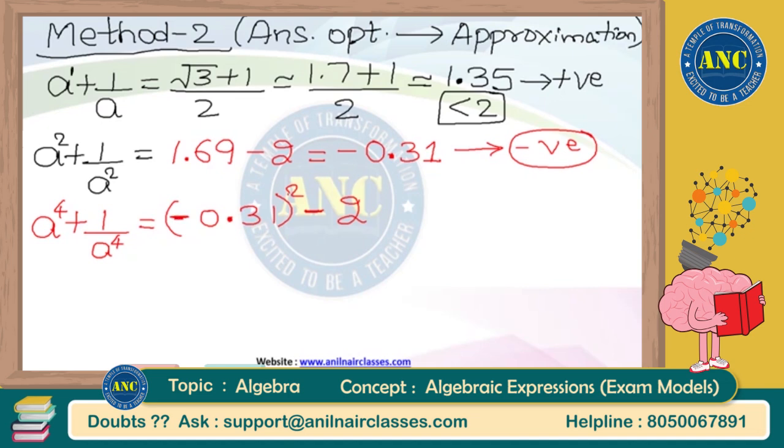Anyway, a negative number, when I square it, I will get positive. 0.3 whole square is 0.09. 0.09 when subtracted from 2, eventually my answer should also be negative. That means a simple conclusion says that a power 4 plus 1 by a power 4 should be a negative value.